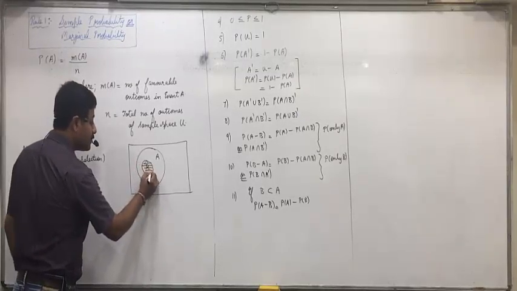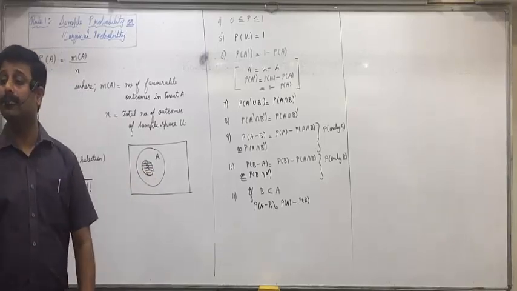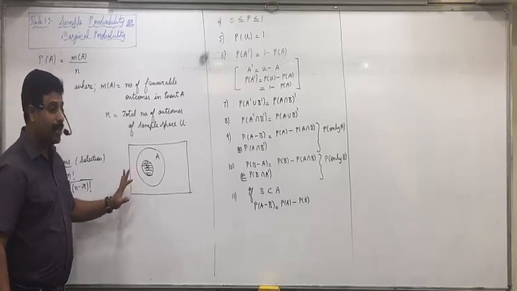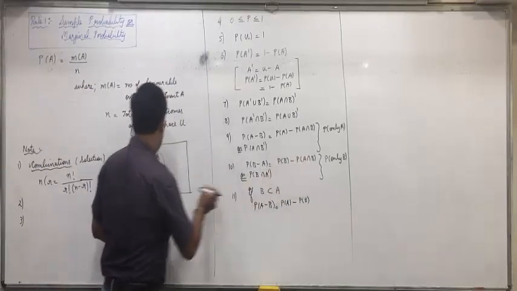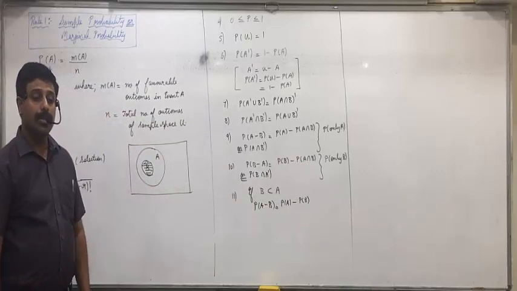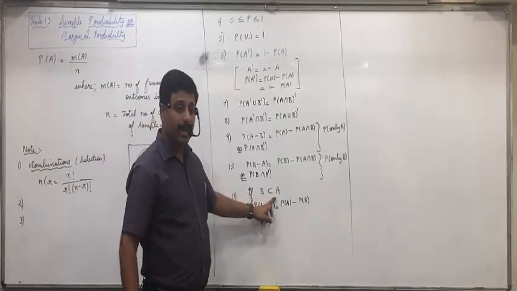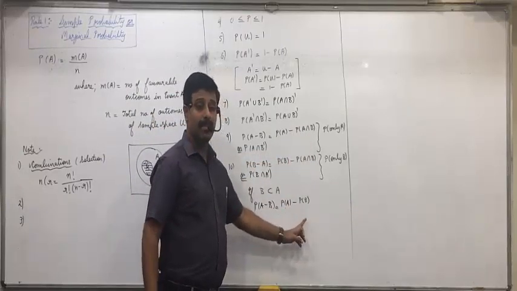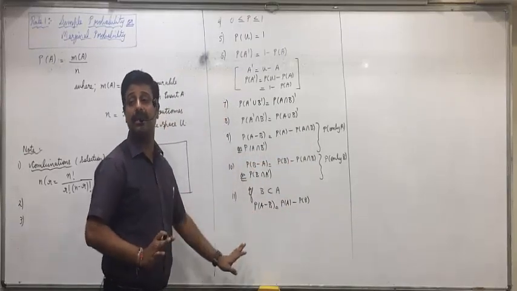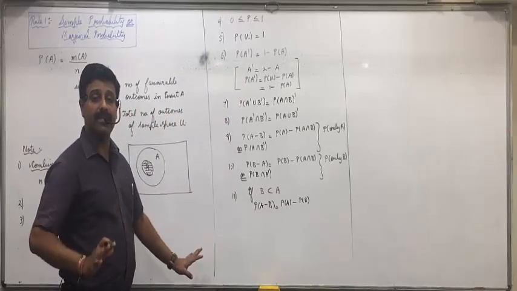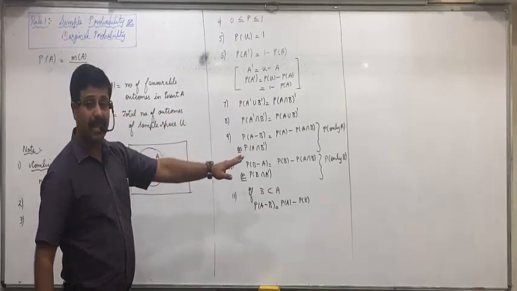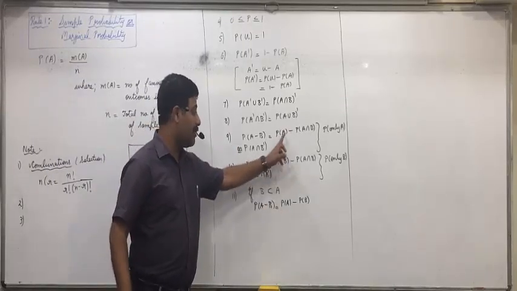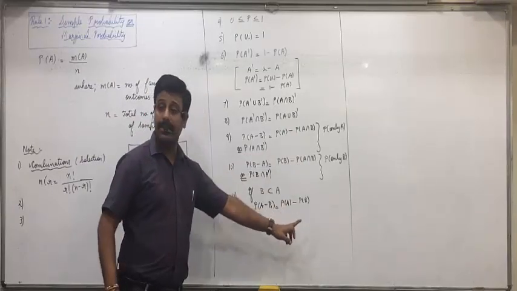Entire B. What is common in A and B? Entire B. So what is A intersection B? Entire B. So instead of A intersection B, can I write it as B itself or not? Yes. So if B is a subset of A, then instead of doing P(A) minus P of A intersection B, we do P(A) minus P(B). In one of the most important questions, we'll use these concepts. So from the beginning itself, remember this: P(A) minus P of A intersection B we normally do, but if B is a subset of A, then there is no need to do A minus A intersection B. We'll simply do P(A) minus P(B).